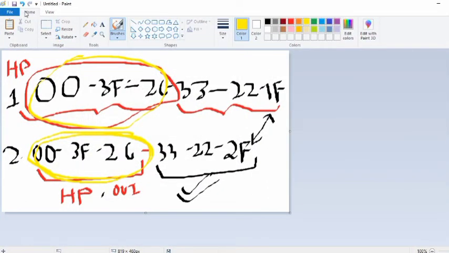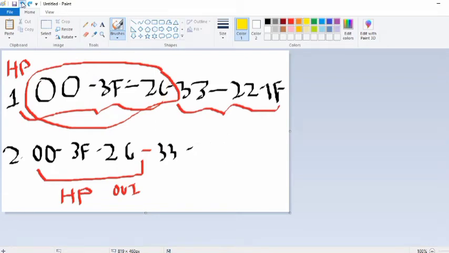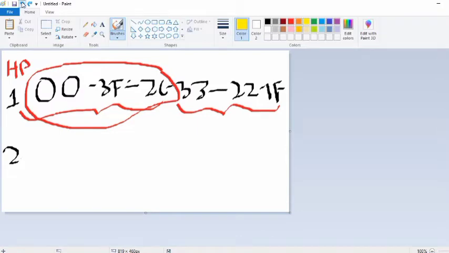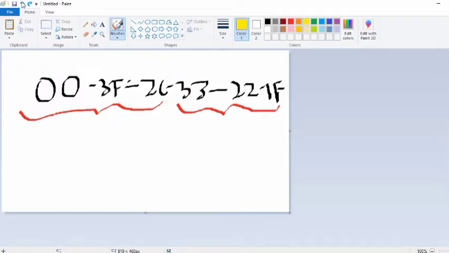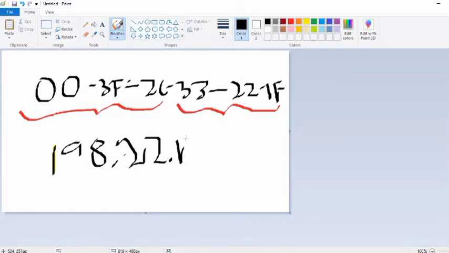Let us say I want to give an IP address to a device. What are the IP addresses I can give? Suppose 198, then a dot here, then you have 22, then you have 13, then you have 11.